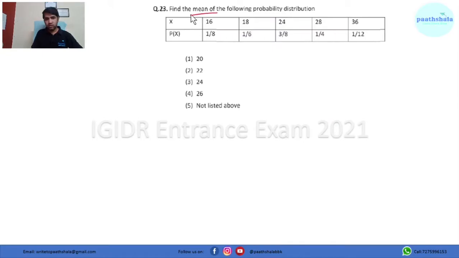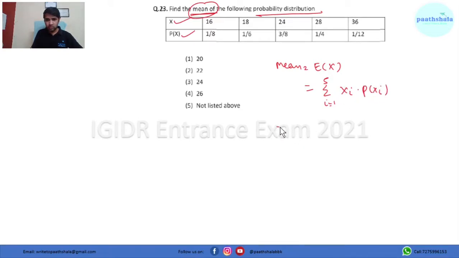In this question, it is asking to find out the mean of the following probability distribution. So here you have values and corresponding probabilities. The mean in this case will be given by the expectation of x, and that will be the summation with i varying from 1 to 5, since there are 5 values, of xi into p(xi).